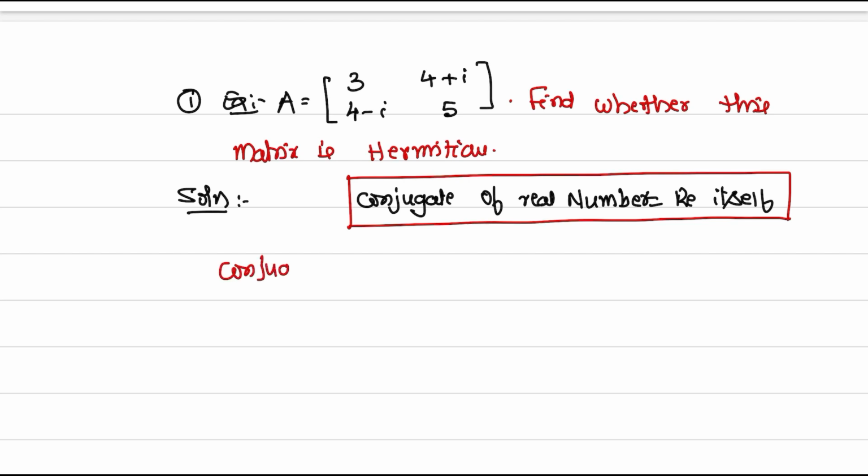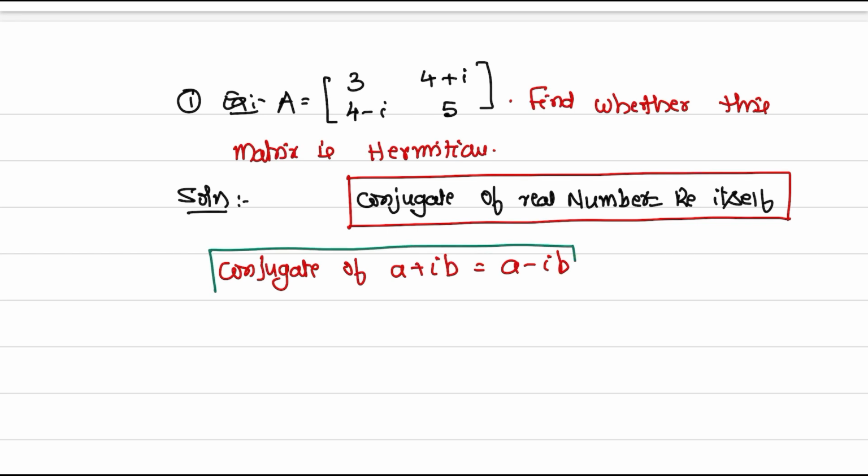Conjugate of a plus ib is equal to a minus ib. These two things you should know. Once you know these things, then for 4 plus i, the conjugate is 4 minus i. For 4 minus i, the conjugate is 4 plus i.